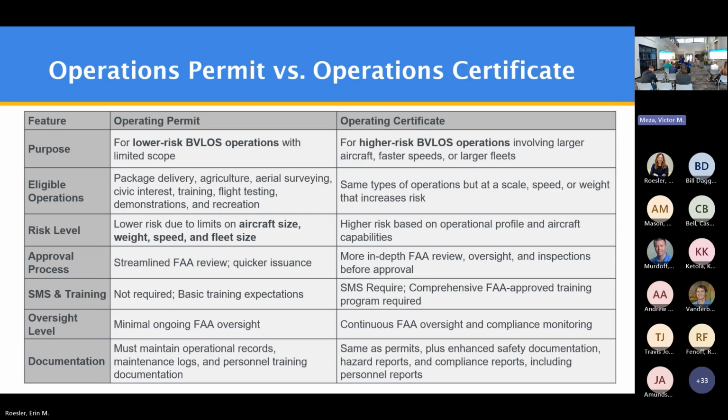From flight logs, maintenance logs, alterations, personnel records, as I said, the cybersecurity aspect of things. If you have any of those different vulnerabilities or interference on your C2, the documentation, recording, and reporting to the FAA is going to be much different than what you would experience under 107 operations today.